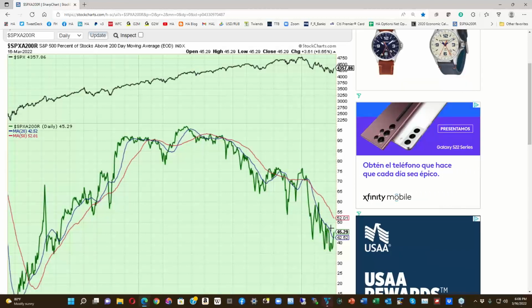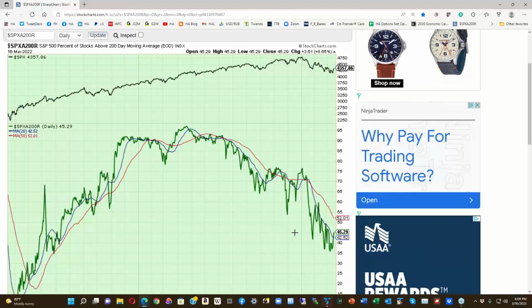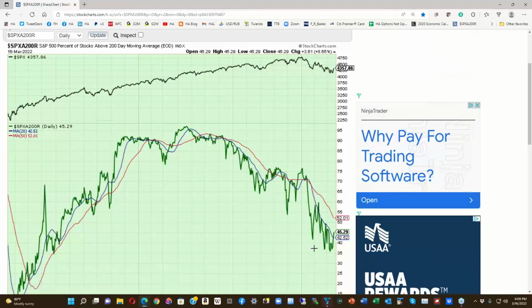Obviously, it's coming there to challenge it. So take a look. Again, this is the number of stocks of all of the S&P 500 above their 200 DMA. It is down there, and the key line is 45 to 55. That's a line in the sand, bullish or bearish. We're barely at that. We're at 45.25. So this story is not finished by any means.